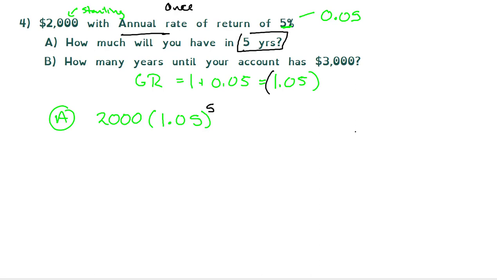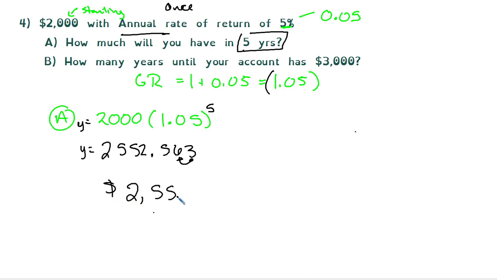And that number we come up with is that y equaled $2,552.563, and you kept going on. Well, what does this 3 tell the 6 to do? It tells it to stay the same. So our answer is $2,552.56.